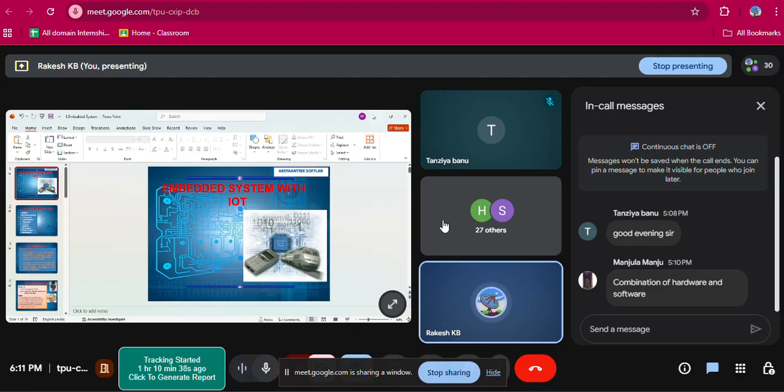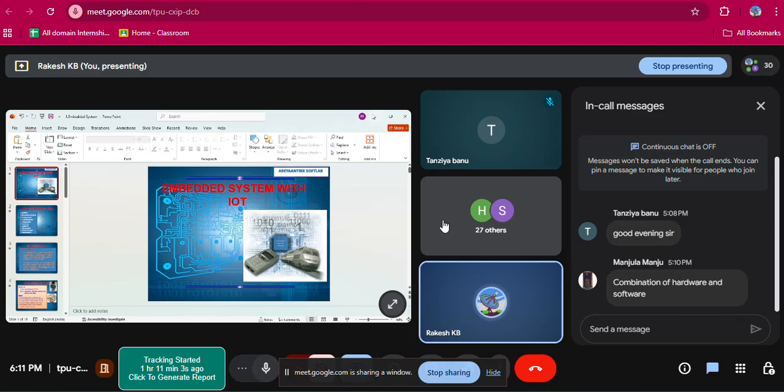So everything means what are all the components? Inside the microcontroller, you can see the CPU, which is a processing unit, and the RAM, which is data memory, ROM, which is program memory, and IO ports, where you will connect different types of devices. Next, timers and counters.